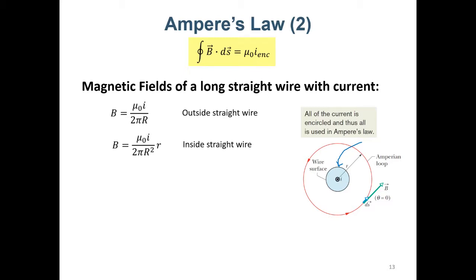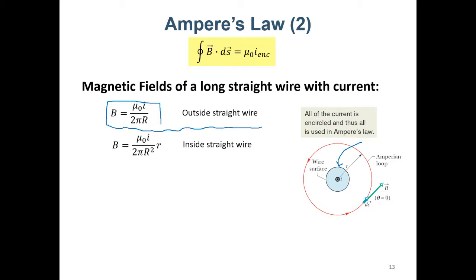We can know that the magnetic field outside the straight wire is nothing but that of a wire which is infinitely thin, similar to the Gauss law.